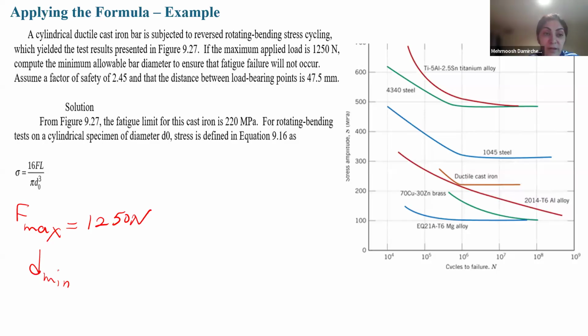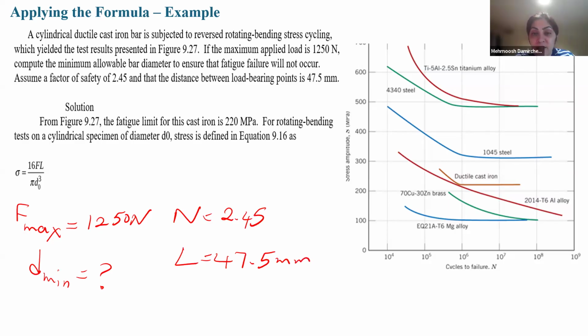Assume that the safety factor, N, is 2.45, and the distance between the load bearing points, L, is 47.5 millimeters. Okay. It is cast iron.